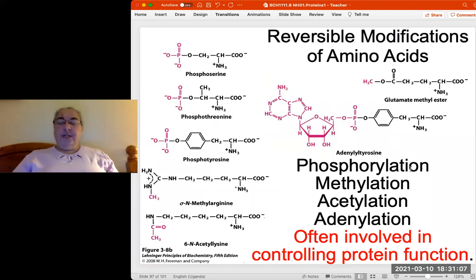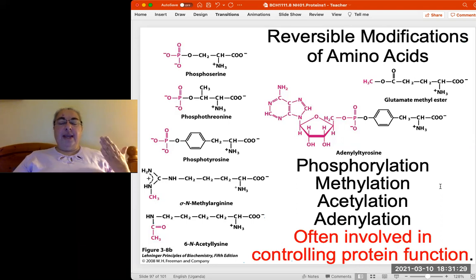An important change that can be made to amino acids are reversible modifications. So quite often groups are added or removed from amino acids to change them and to change their properties in the protein.